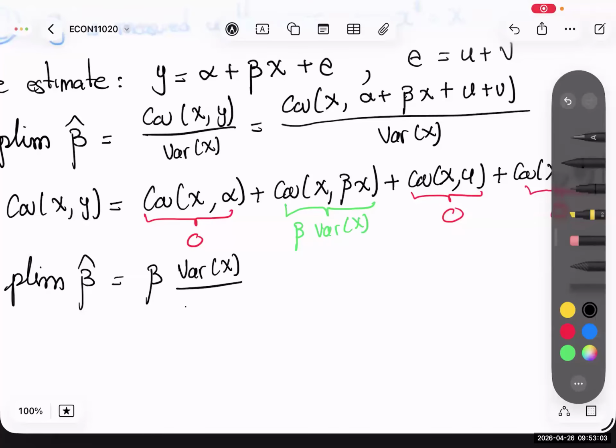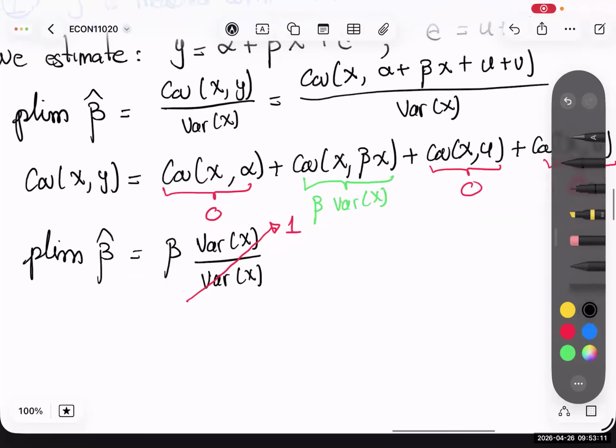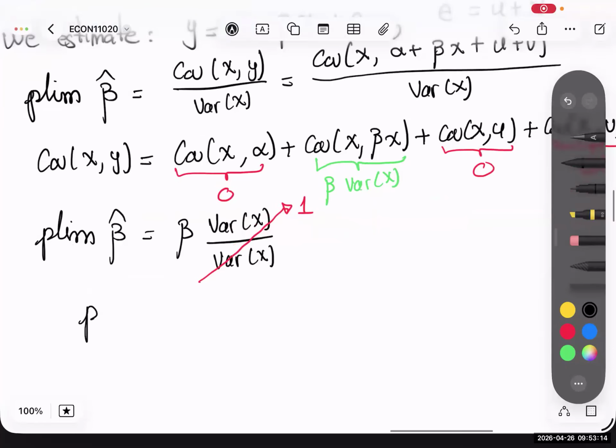In the denominator, we have variance x. Boom, these two cancel to 1, which means that we just showed how the OLS estimator is still consistent.